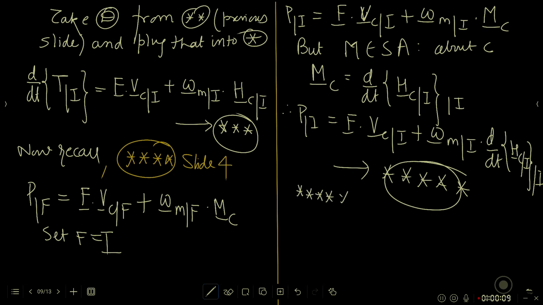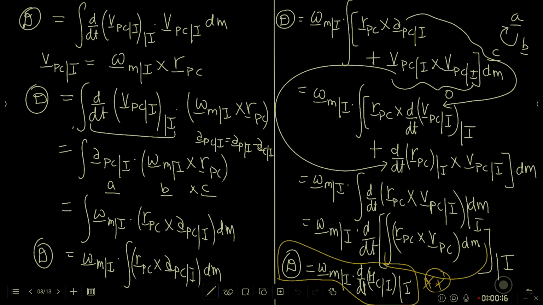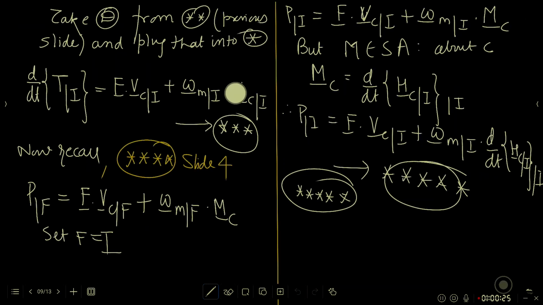And thus I have proven that Pi equals d dt of Ti. This is the work energy theorem, WE theorem. The rate at which all external forces do work on the rigid body with respect to I equals the rate at which the total kinetic energy of the RB is changing with respect to I. We are done with this derivation.